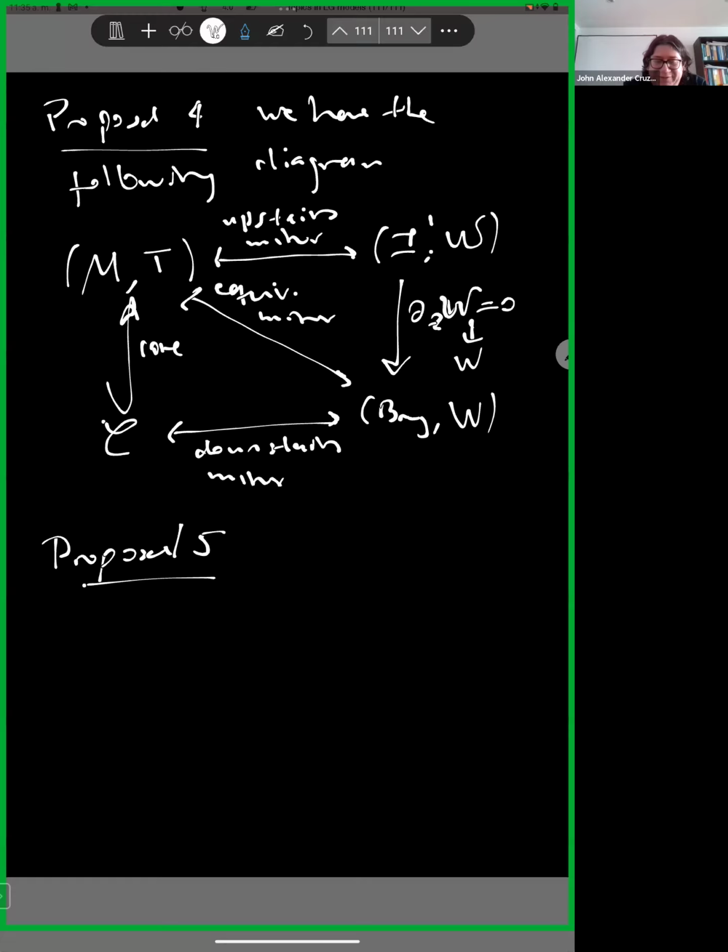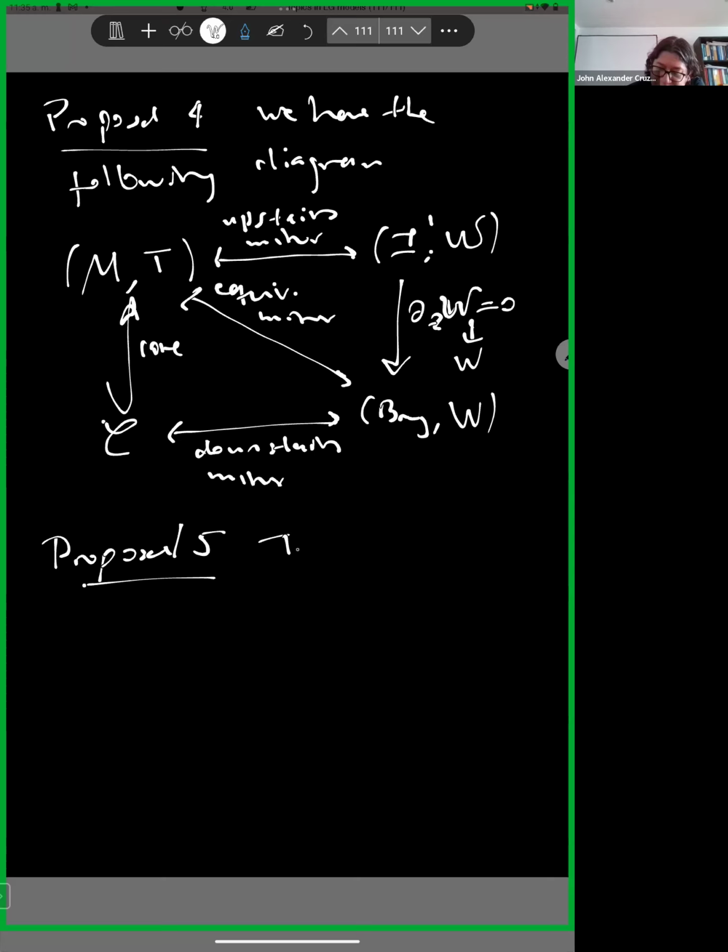So my last proposal is that we can consider a genus zero Gromov-Witten theory for Hitchin systems of class S, the Hitchin systems related with class S theories, along the same ideas by which we construct the Gromov-Witten theory for the Nakajima quiver varieties.